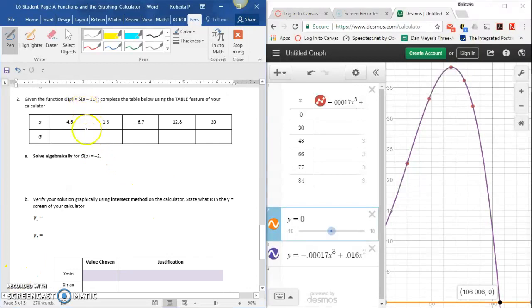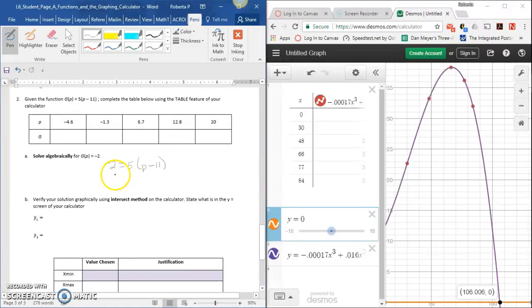Real quickly, I want to look at a couple parts of the next problem. If it says solve algebraically, that means that the -2 is the output value, and I want to find the input value of P. So it's -2 equals P times the quantity of P minus 11.